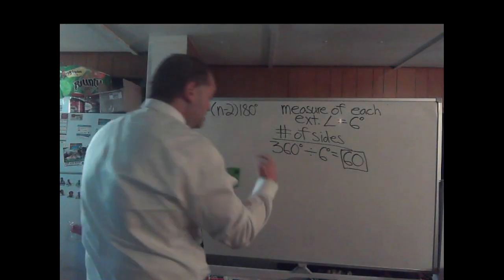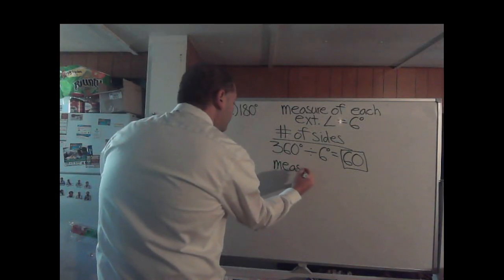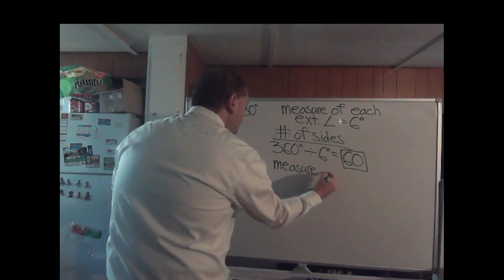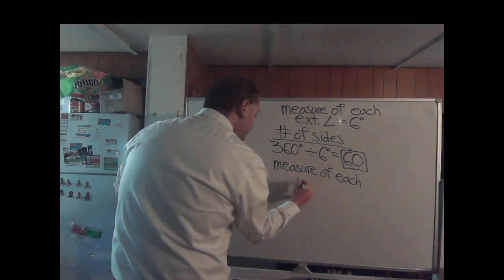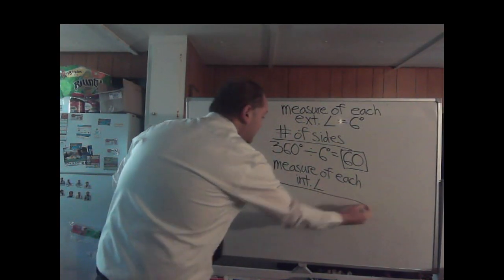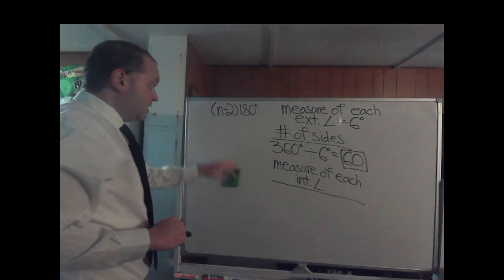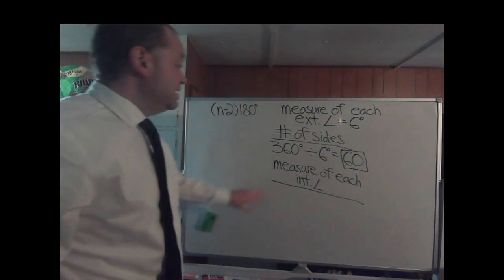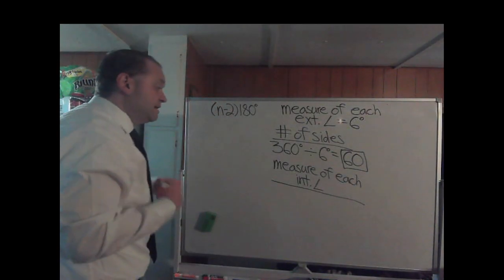Now, good news is, if you're asked then to find the measure of each interior angle, in this case it's actually a lot easier than the first 3 problems. You know how? Because an interior angle and an exterior angle are always supplementary. They always add up to 180.